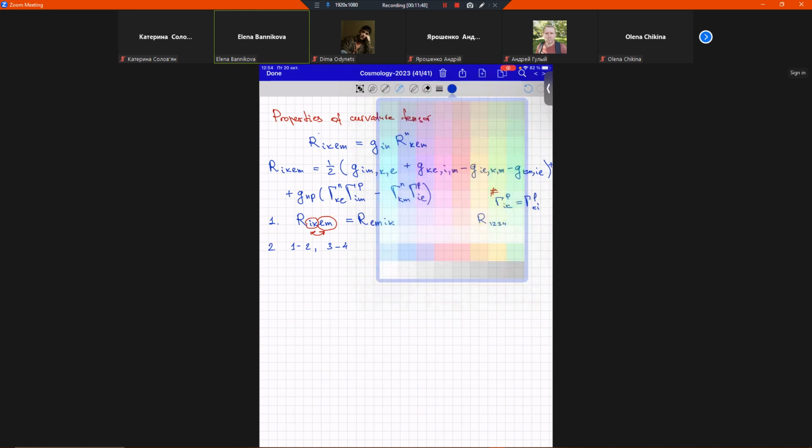Let's write it. It means that if we have R_iklm, and for example, I will choose these two first indexes, so if I make some permutation of these indexes, I will have minus R_kilm.